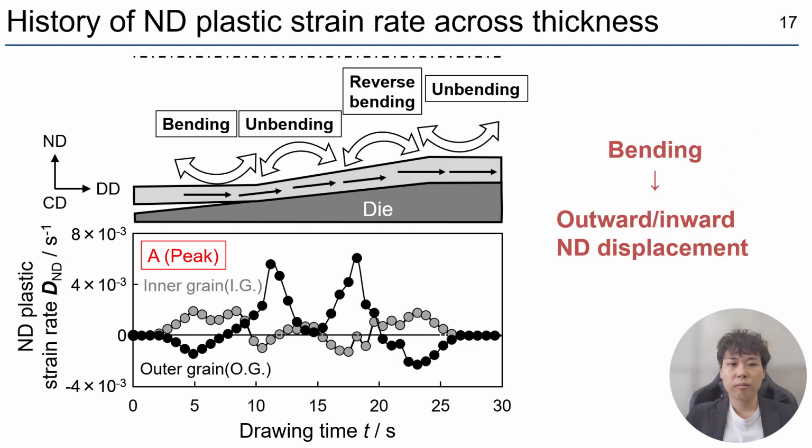After that, the ND plastic strain rate repeatedly changed its sign because of similar bending deformation like this. All of these trends can be explained by bending deformation. Therefore, I found that the surface normal deformation behavior during the process is controlled by bending deformation.